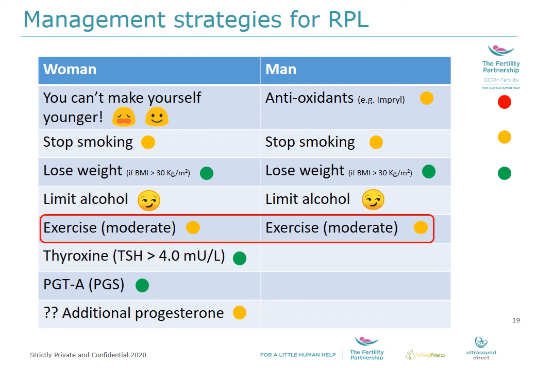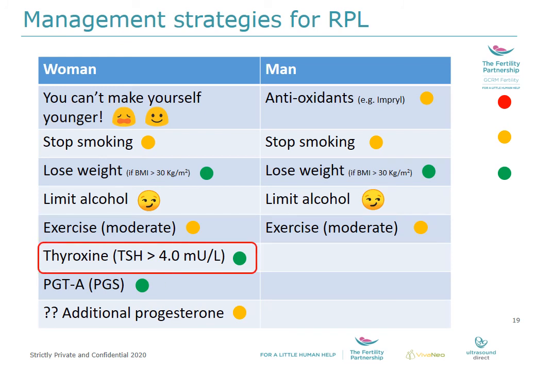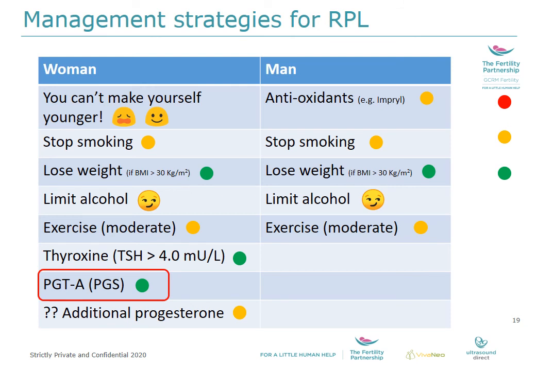But as the pregnancy is developing, you're not going to be doing that anyway. As I said, in the tablet trial, there was an improvement in pregnancy rates, but only if the TSH level was greater than 4. And then PGTA does reduce the risk of miscarriage because you're only transferring chromosomally normal embryos.